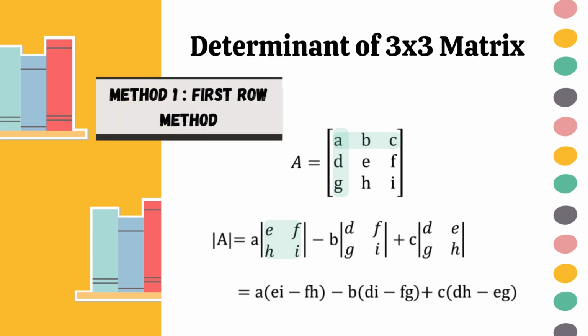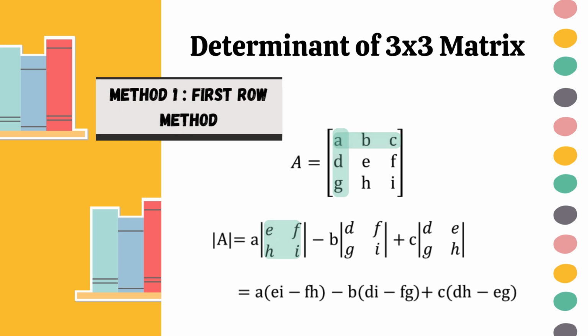Now, we move on to the 3x3 matrix. Let's start to find the determinant with the first method, which is called the first row method, also known as the cofactor expansion method. In this method, we expand the determinant using the elements in the first row of the matrix.